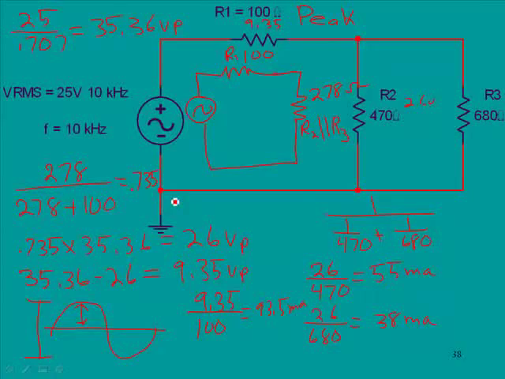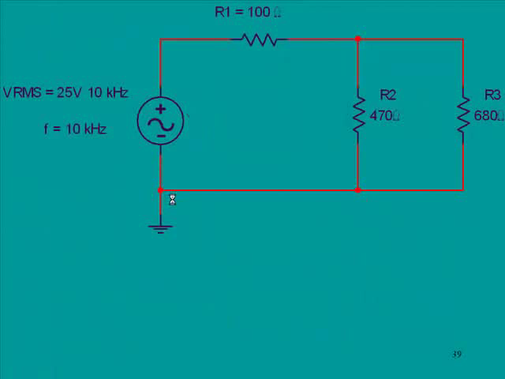Okay, the next one we're going to look at, we're going to do the same circuit, only we're going to do it in RMS. So with RMS, we start out with the 25 volts. We do not need to convert. We can just go directly with that value. Let's consider our equivalent circuit. We had R1, and then we had the parallel of R2 and R3 here.